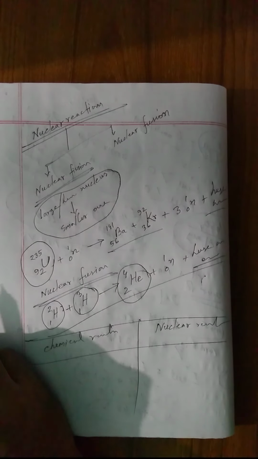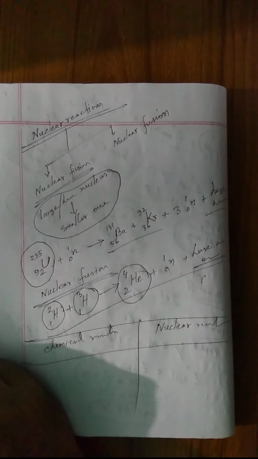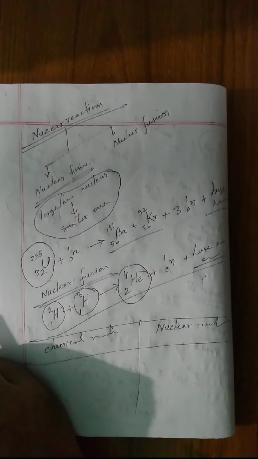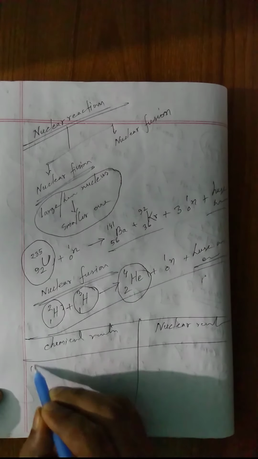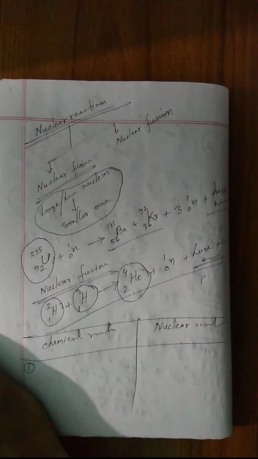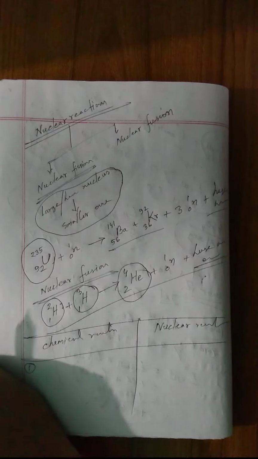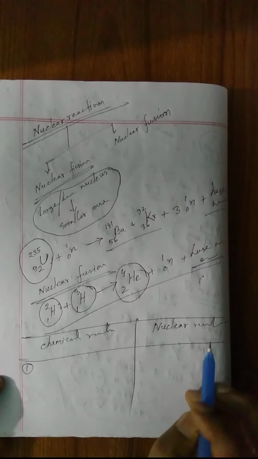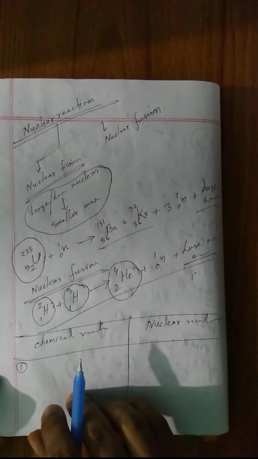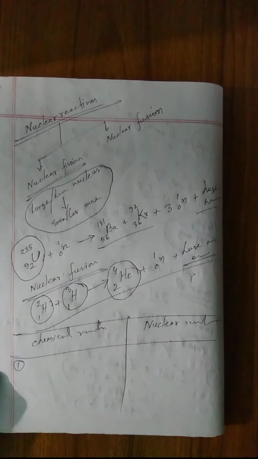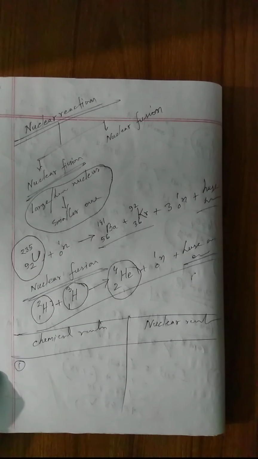So what is the difference between chemical reaction and nuclear reaction? The basic difference is that in chemical reaction the rearrangement of valence electrons is involved. That means change of valence electrons. It occurs due to the change of valence electrons. And in nuclear reaction the change of nucleus occurs.